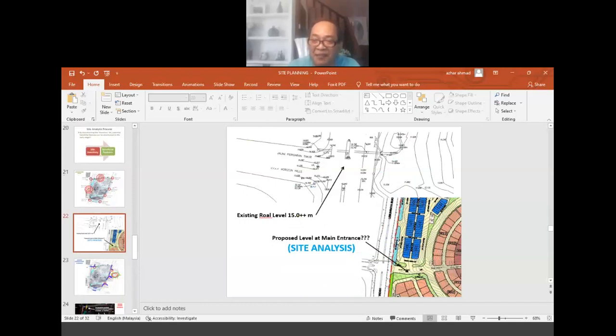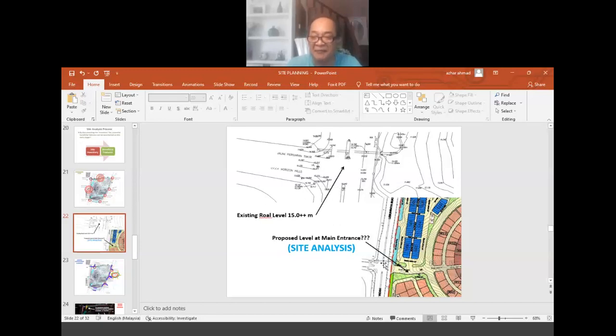if we overlap the development plan with the contour map, the proposed new road into this development area is somewhere here, and it happens to be located somewhere here, and the level around here is around 15, existing level.